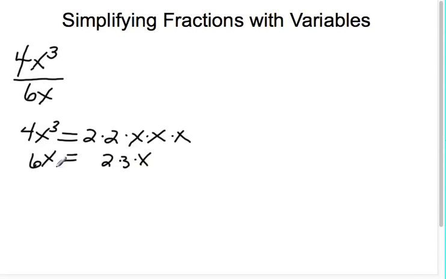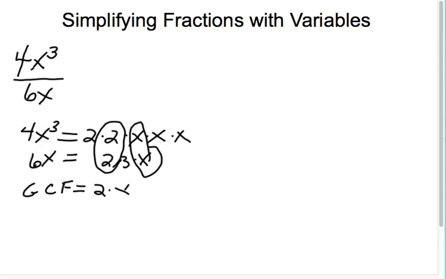And so my greatest common factor is what I have in common, 2 times x, so my greatest common factor equals 2x.